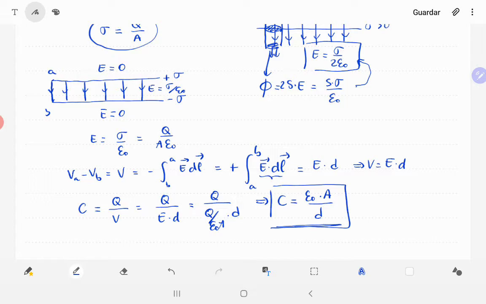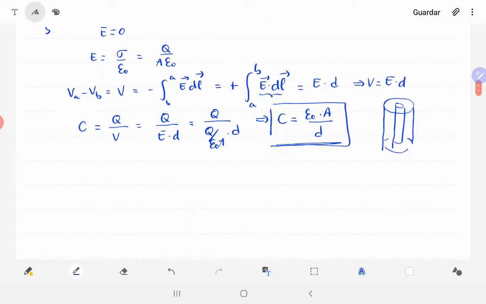However, different capacitors will also have an expression that will depend on the geometry, on the characteristics. We could have derived another expression for the cylindrical capacitor, which is built up by two cylinders, one with charge plus Q and the other one with charge minus Q. That could also be a capacitor, and it's going to have a capacitance that's going to depend on the geometry, and it's not going to be the same as the parallel plate one.